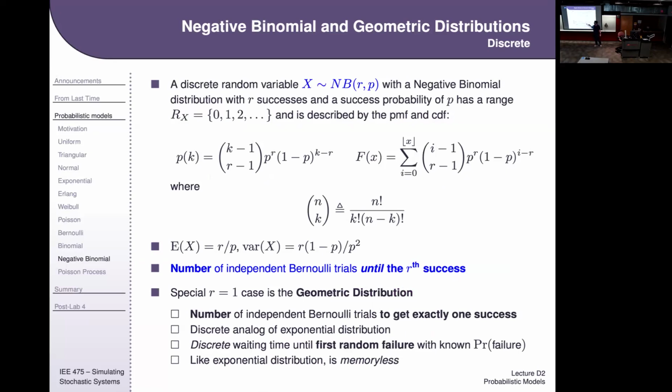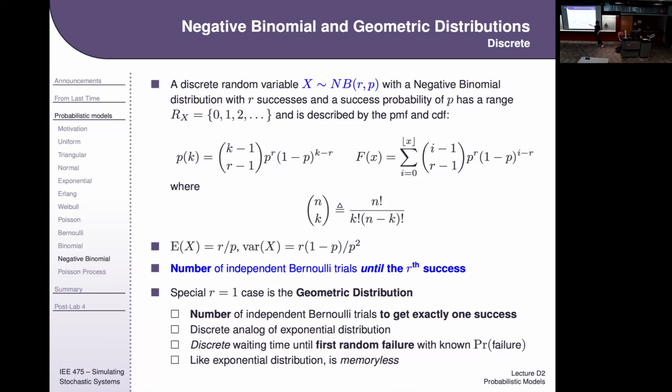So the minimum number is always going to be R, but if probability is low, the maximum number could be practically infinite. So it's a discrete random variable that does not have a finite range, but does have a minimum bound, which is set by R. So any questions on that, the negative binomial and the geometric?